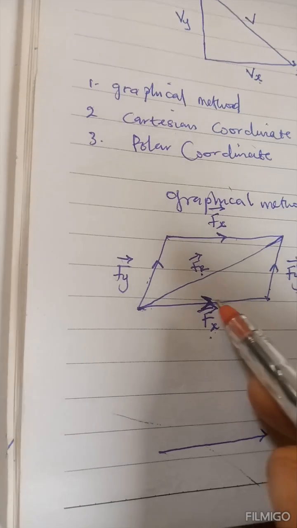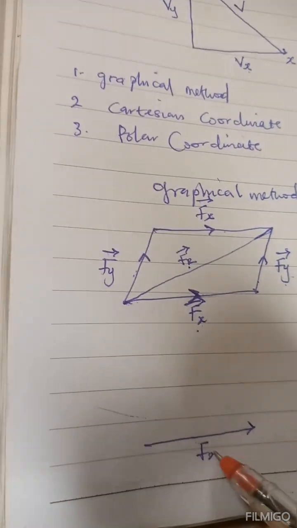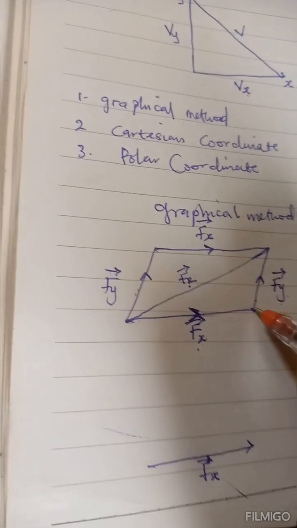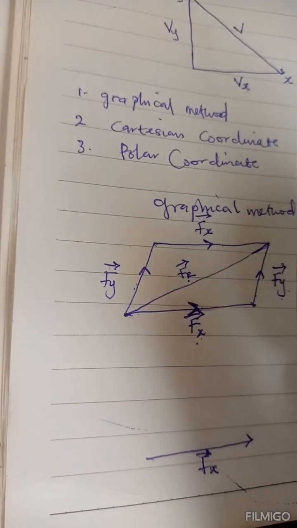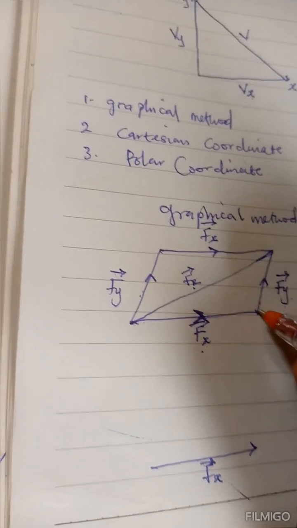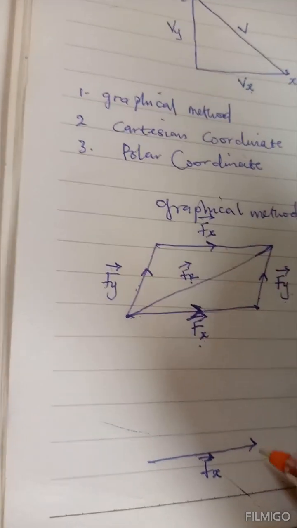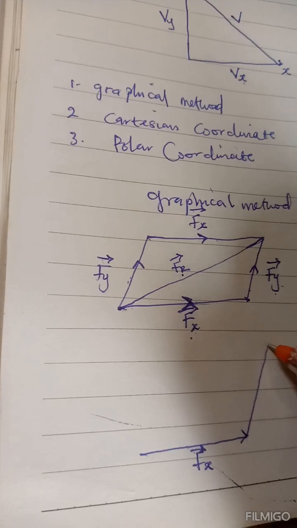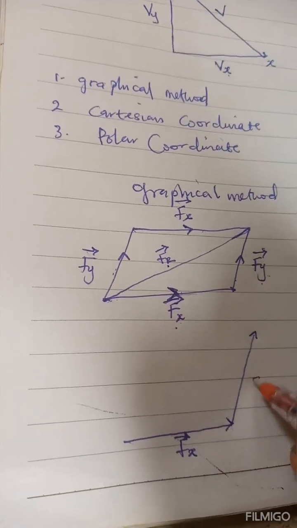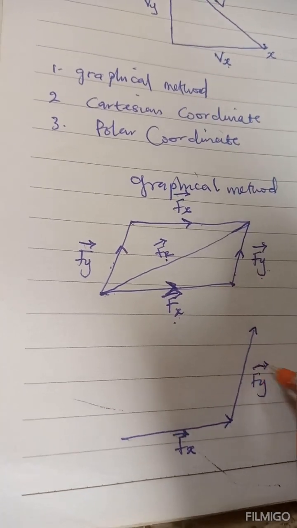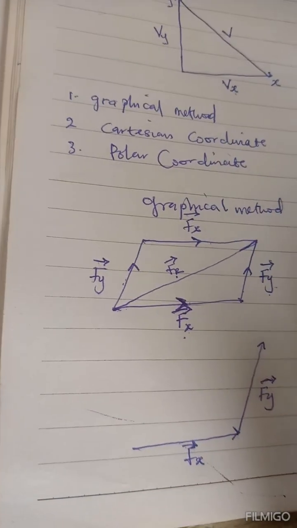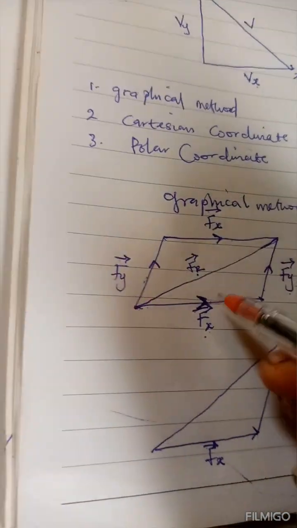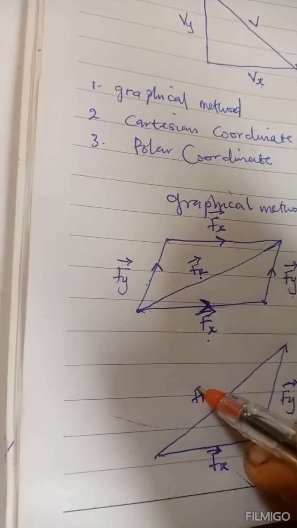My arrow is now at the tip, so I have Fx. And then I can move this arrow also to the tip. Remember that the vertical starts from this point, so I go this way and put my arrow at the tip. So this becomes my Fy. And then my resultant force, I join it, and then I have my FR.